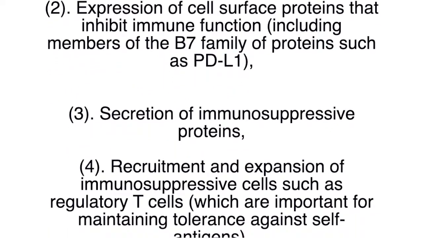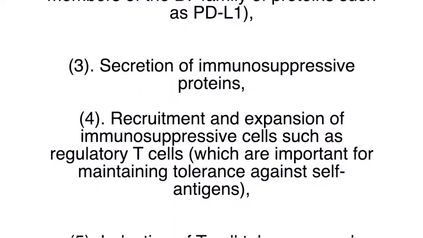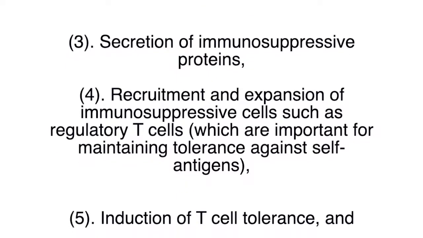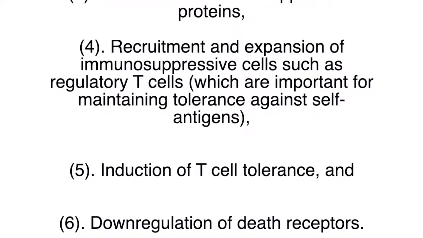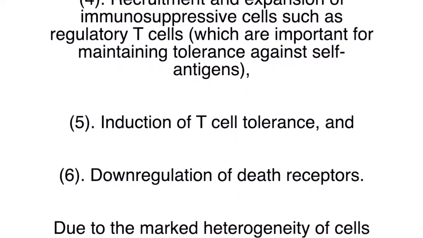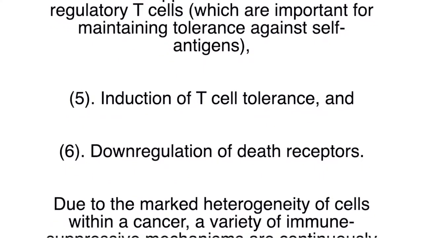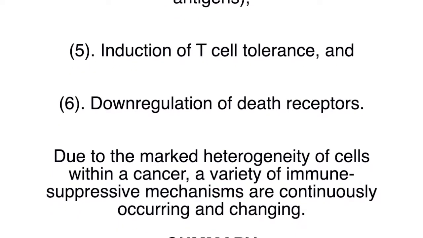Secretion of immunosuppressive proteins. 4. Recruitment and expansion of immunosuppressive cells such as regulatory T cells, which are important for maintaining tolerance against self-antigens. 5. Induction of T cell tolerance. And 6. Downregulation of death receptors.